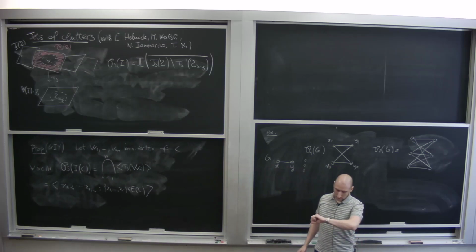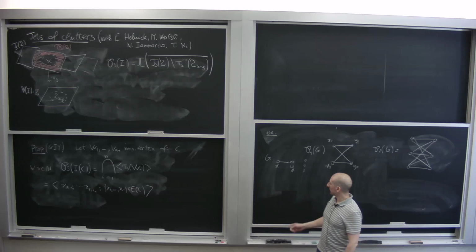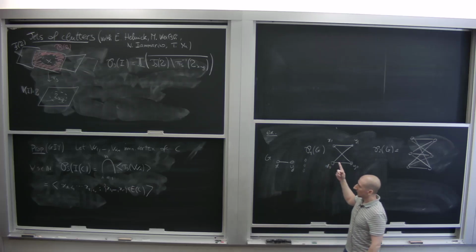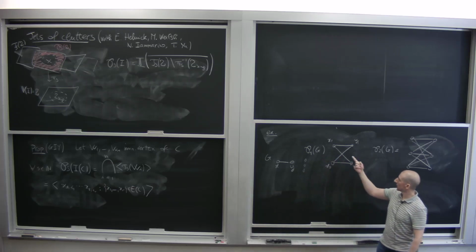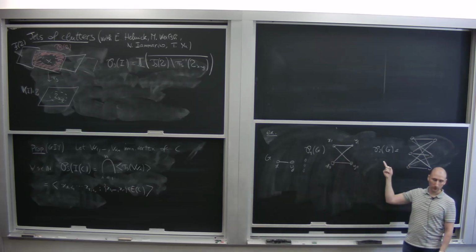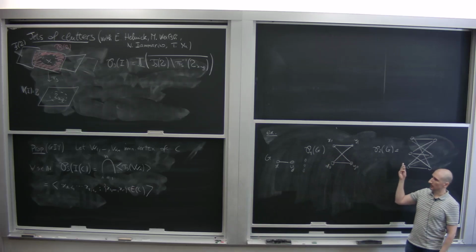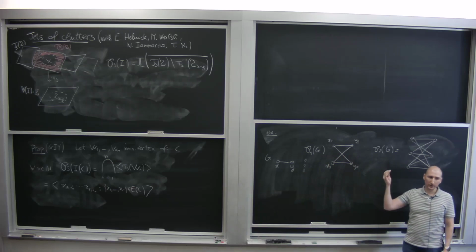So I wanted to conclude, I have probably like 3 minutes left, and I wanted to tell you a little bit about the fact that we study invariants like the Hilbert series and the Betti numbers of the edge ideals of these. Really, to do those, we phrase it in a slightly different way because it's a little more convenient. We just say, suppose you take a square-free monomial ideal and you do this principal jets construction.